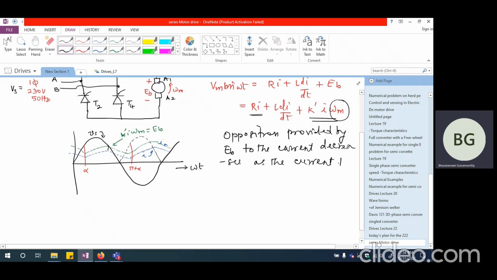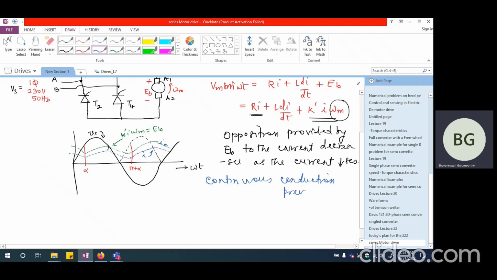As the current itself decreases, you are going to have the opposition also decreasing. So this is one reason why the current may not become discontinuous very easily in this series motor drive. So in series motor drive, most of the times continuous conduction prevails.